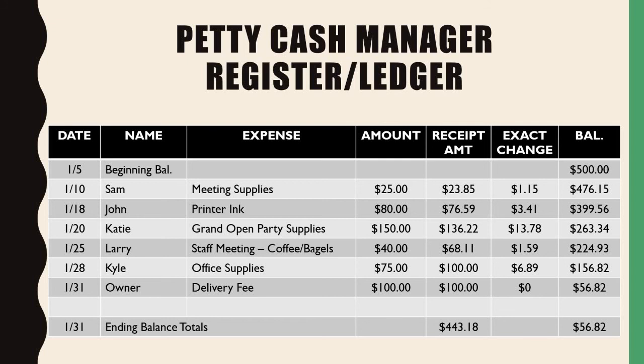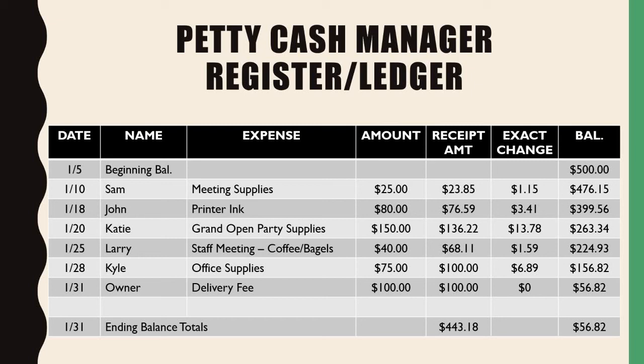Once again, here is an example. They get their own petty cash drawer ledger, which is separate from a general ledger account. It's some kind of card or form that the manager of the petty cash drawer must fill out.